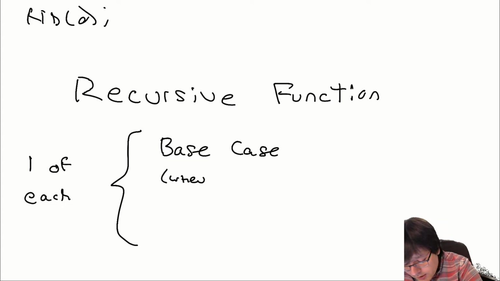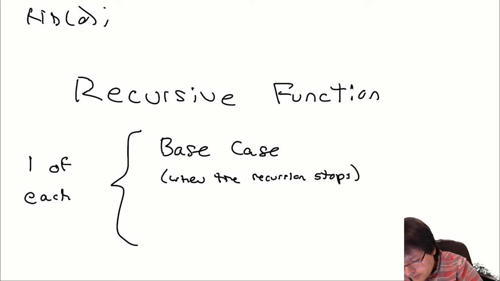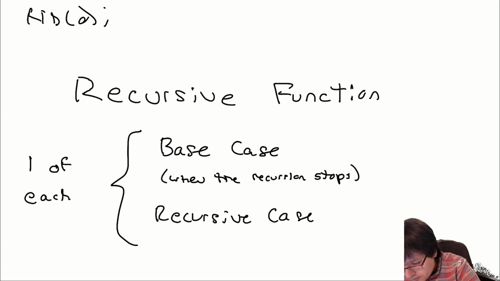So you want to check when the recursion stops. And then you want a recursive case, which is basically calling yourself.